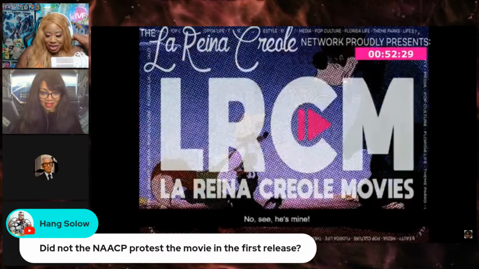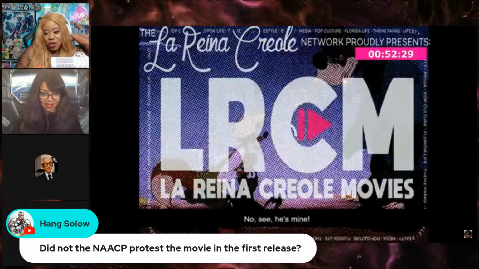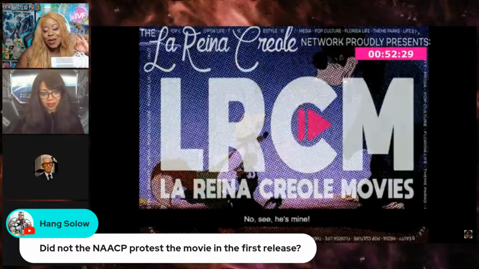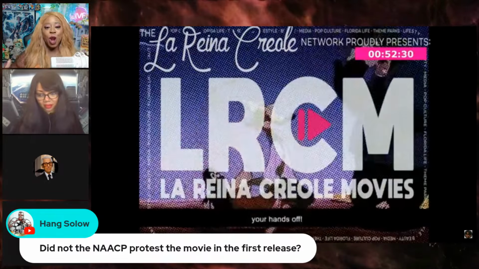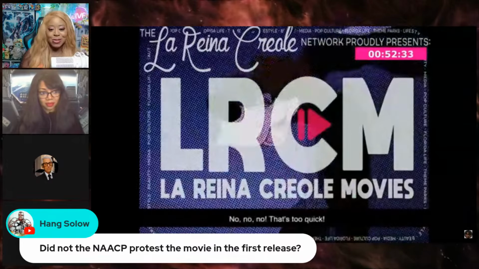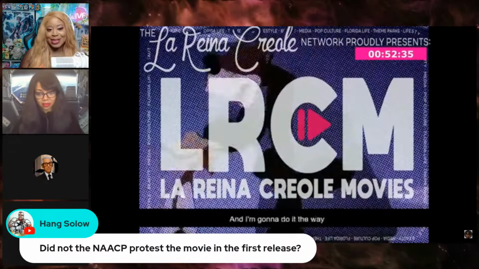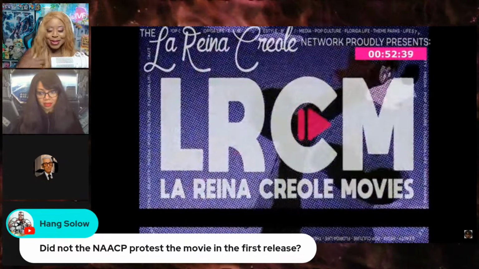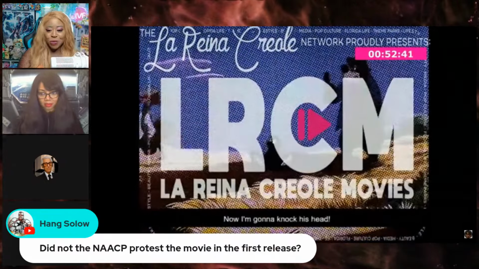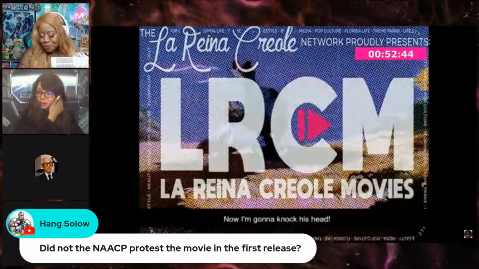Han Solo asks, did not the NAACP protest the movie in the first release? Yes, and we actually talked about this in the beginning. I'd never heard a reason for why they were protesting, just that they were worried about images of Black people unfairly being portrayed. I'm like, well, where are they getting this idea from?